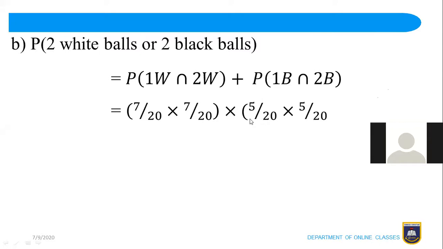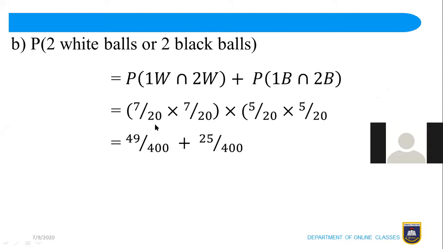Again, we can say that the probability that the first ball is black will give us 5/20, times the probability that the second ball is also black, which will give us 5/20. So the first expression here, if you do everything there, you will get 49/400.